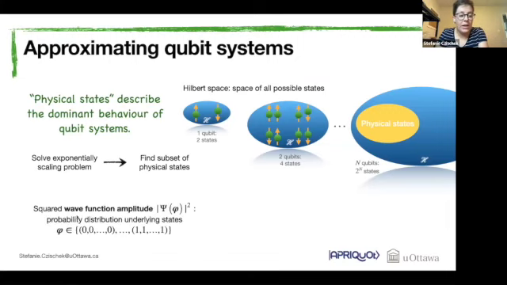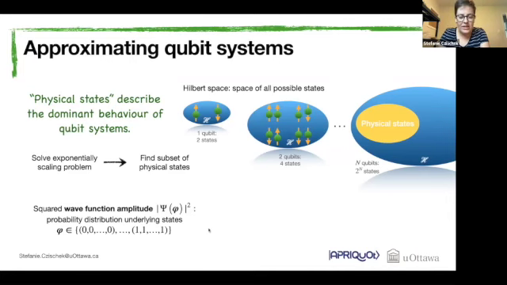And this we can do by looking at what we saw earlier, the squared wave function amplitude. So the squared wave function amplitude basically gives us a probability distribution underlying all these possible configurations of our qubits, so all the possible basis states. And since it is a probability distribution, it directly tells us how much each state contributes to the superposition state that we want to model.